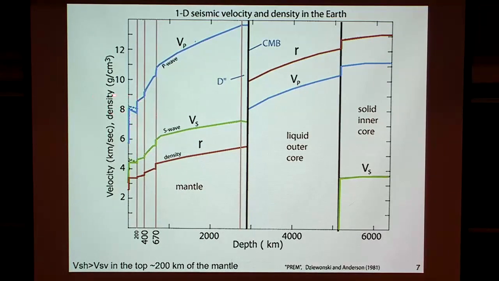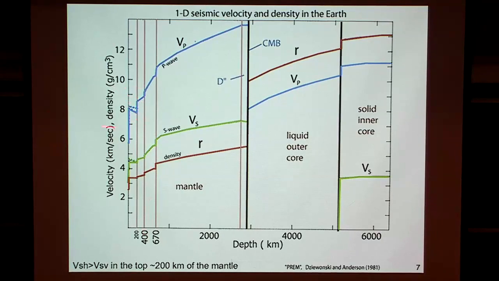This is especially strong in the uppermost mantle, the upper 200 kilometers, where on average VSH is faster than VSV. This is what's expressed in this model, which has a somewhat artificial discontinuity at 220 kilometers.